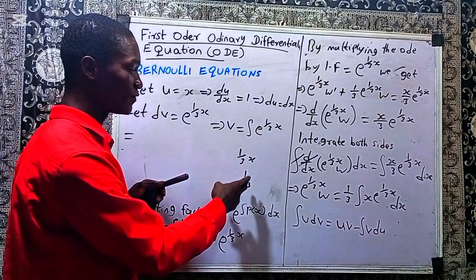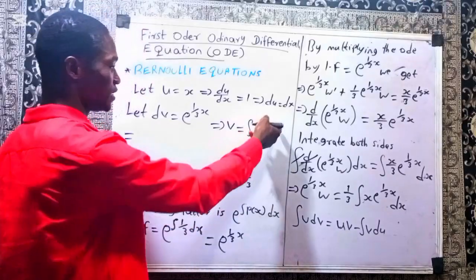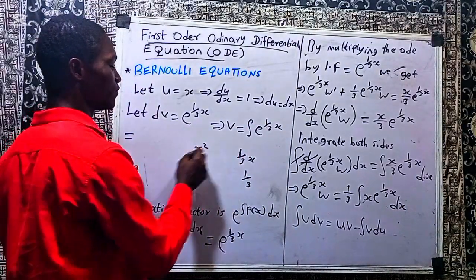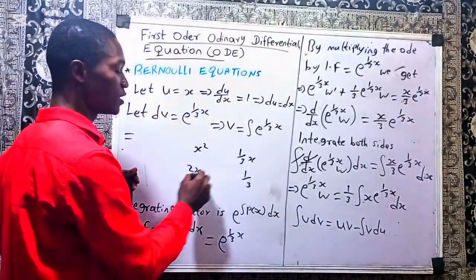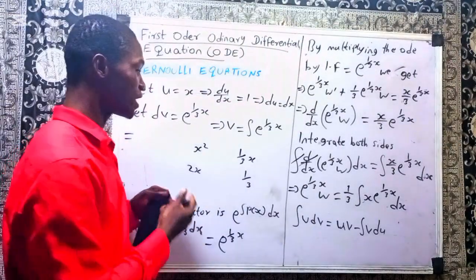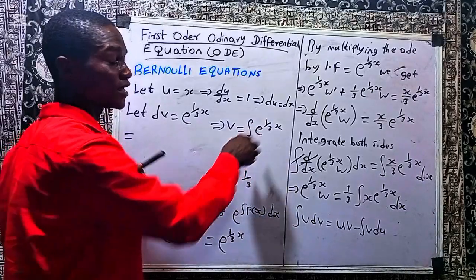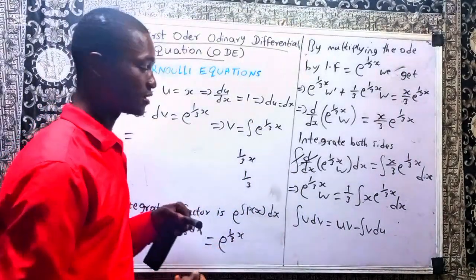But if the derivative of the exponent has a variable, for instance, if the index is x squared, if you differentiate x squared, you get what? 2x. Has your x vanished? No, x is still there, so you can't use that. But if the derivative of the exponent is a constant, then you can use this.